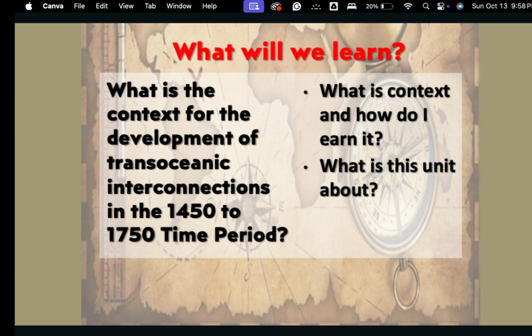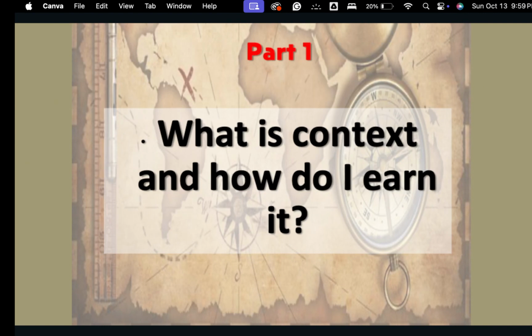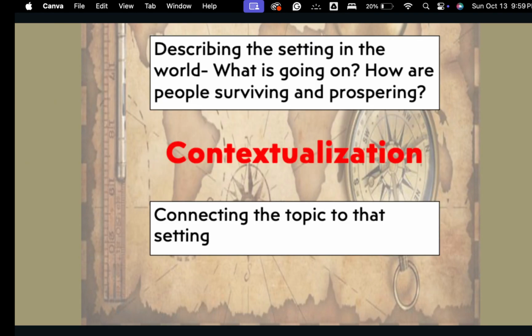So again, we're going to begin with what is context and how do I earn it? And then we're going to talk about what this unit is about. So we begin with answering that question. What is context and how do I earn it? Well, guys, context basically is the setting.